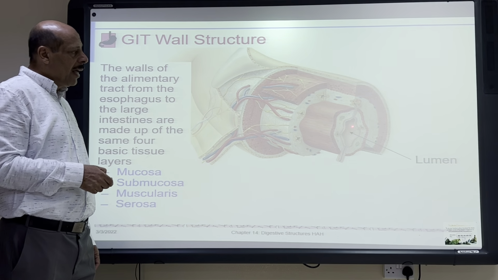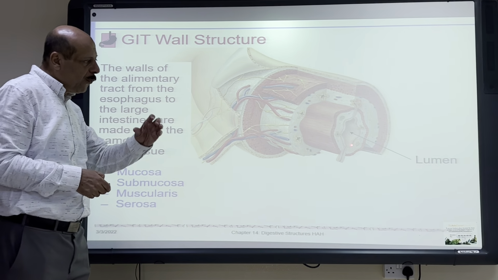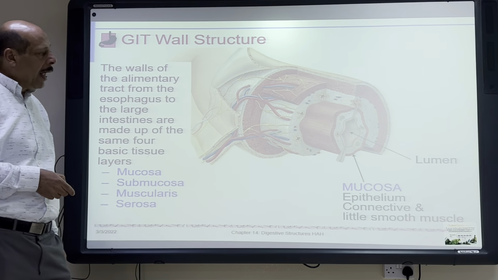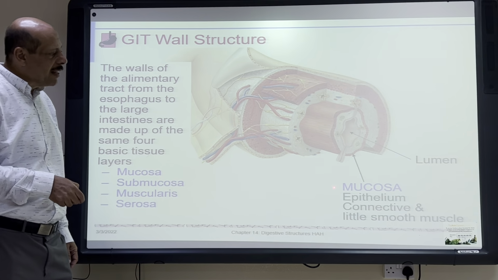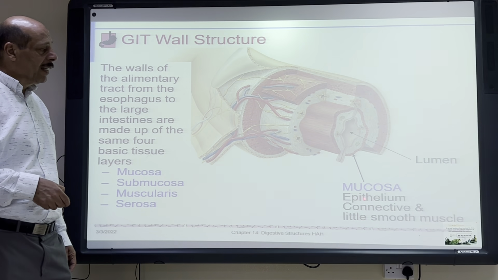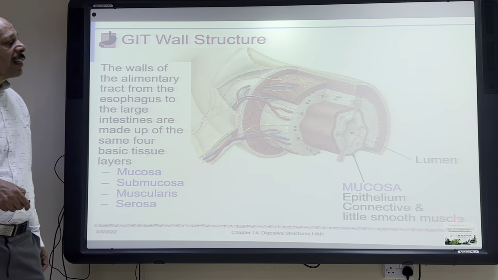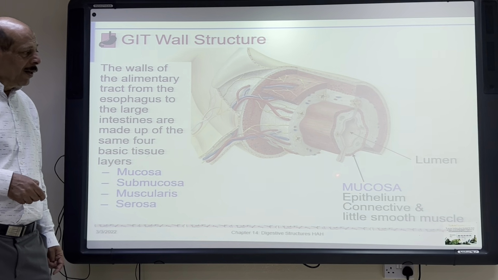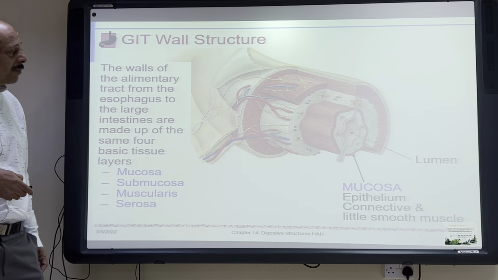As we said, this is the internal lumen that the food passes through, and around that lumen there is the mucous layer, mucosa, which is epithelial, connective, and a little smooth muscle.